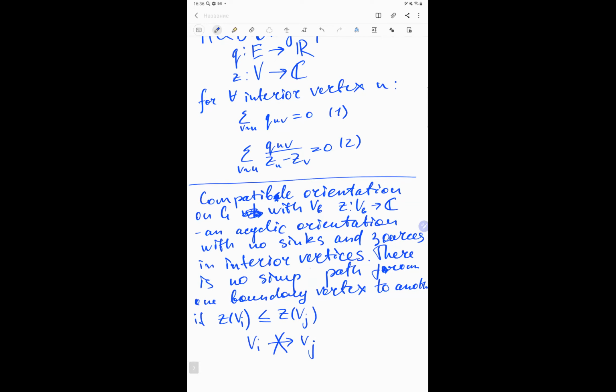Извиняюсь, что значит меньше для комплексных чисел? Потому что я забежала вперед, у меня здесь опечатка, здесь должно быть R. Спасибо.